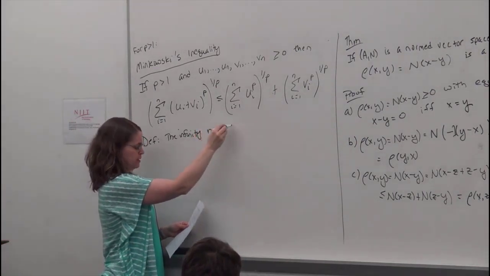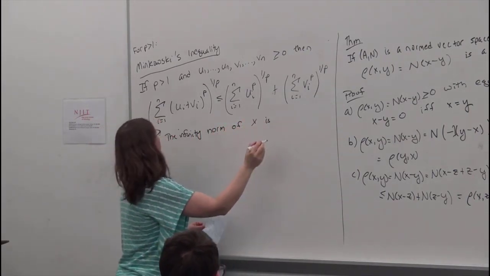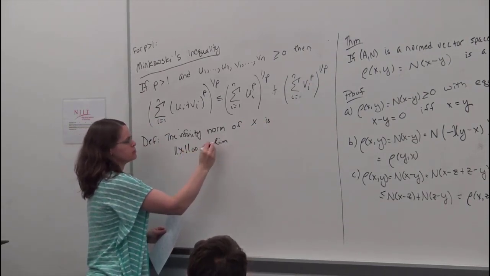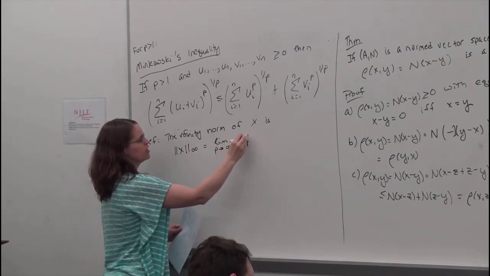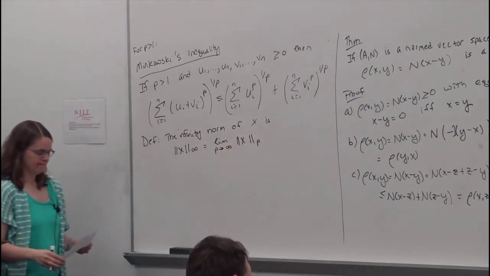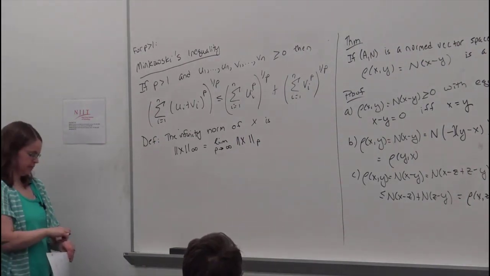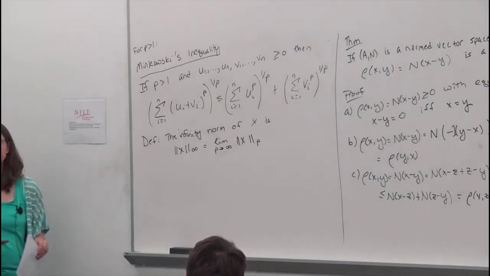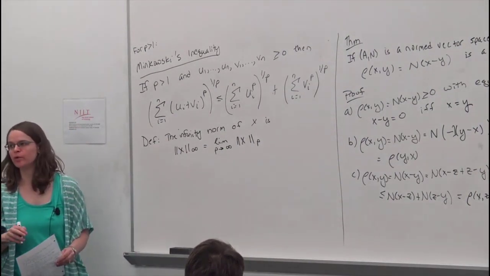So the infinity norm of x is defined as the limit as p goes to infinity of the p norm. Let's put the p where it belongs. Okay, and indeed, as Jack suggested, this just gives us the largest component.